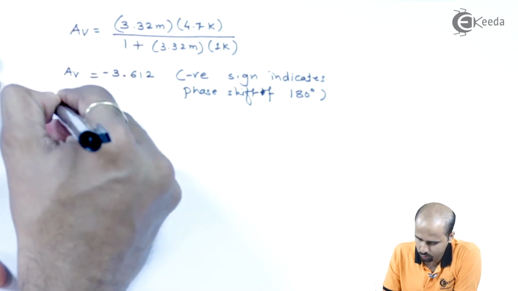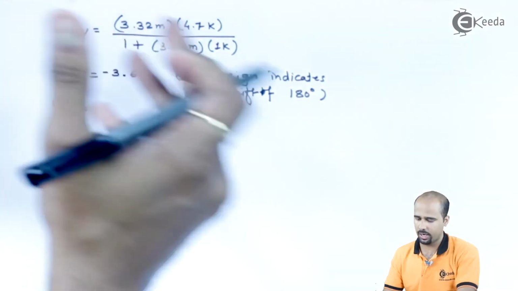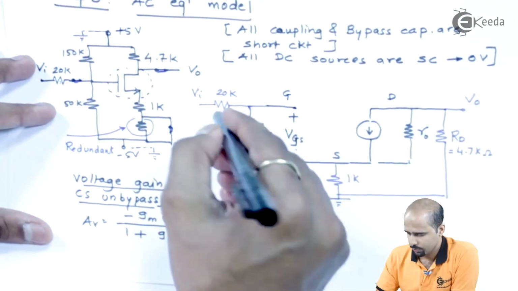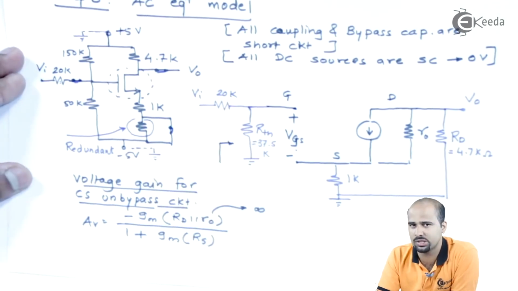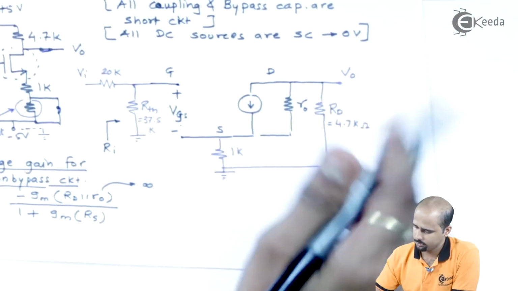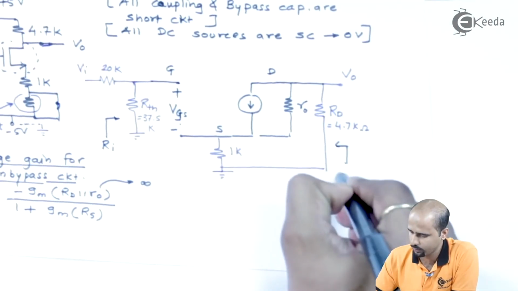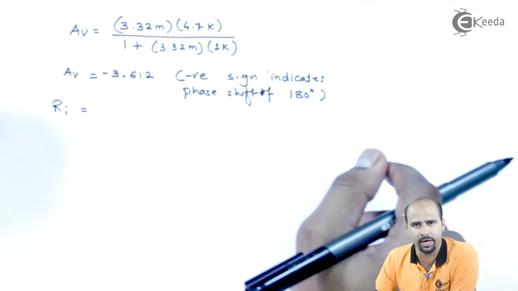What about input resistance Ri? If you look at this particular circuit carefully, some of you may get the direct answer that RTH is equal to the value of your Ri. Moreover, you may get the value of RD as per the formula of RO, right, output resistance.